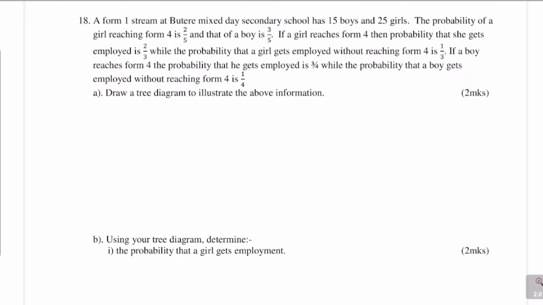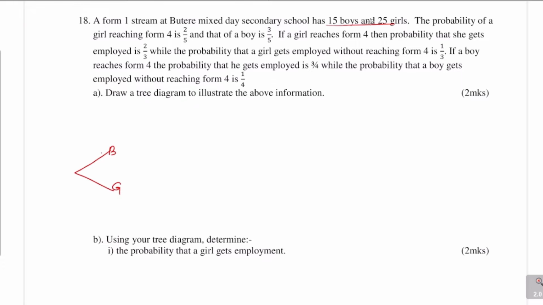Part A, draw a tree diagram to illustrate the information above. So we are going to start from the first statement here. In this school there are 15 boys and 25 girls. So for the first branch we have boy, girl.